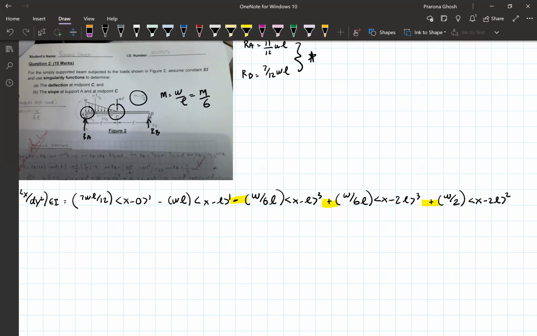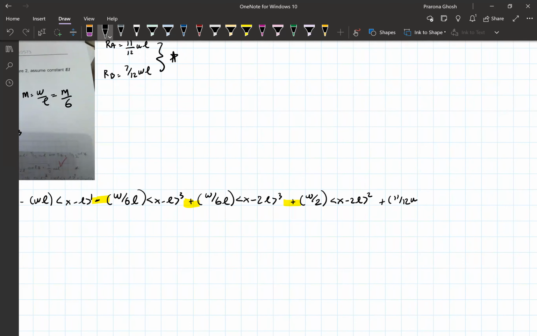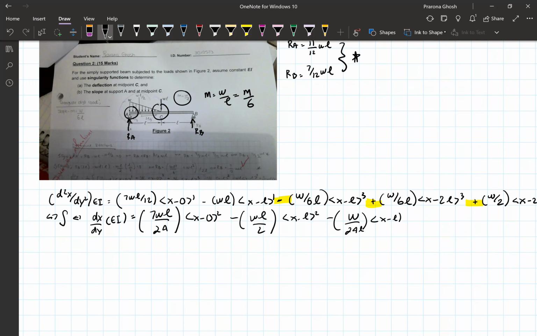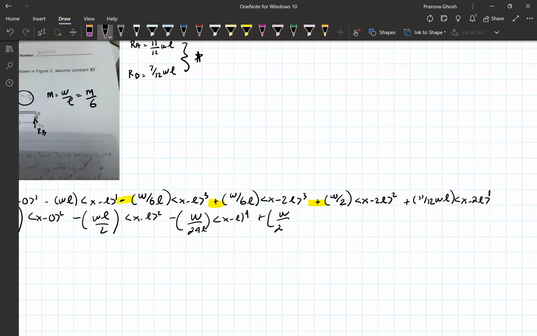Then we have to consider the RA, which is plus 11 over 12 WL, x minus 2L, linear, so to the 1. And then we integrate this. We get dy over dx EI equals 7 WL over 24, x minus 0 to the 2, minus WL over 2, x minus L to the 2, minus W over 24L, x minus L to the 4, plus W over 24L, x minus 2L to the 4, plus W over 6, x minus 2L to the 3.